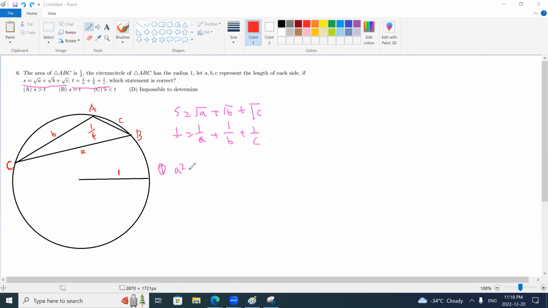So A squared plus B squared plus C squared is actually greater or equal to AB plus BC plus AC. This is always true. Your A, B, and C can be anything. They don't have to be a triplet of triangle sides.